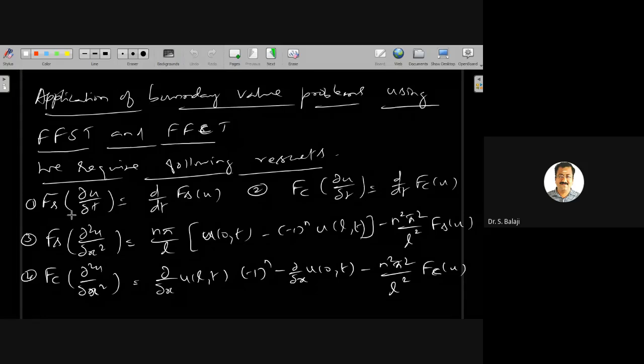First of all, put the heading as application of boundary value problems using FFST and FFCT. For that, we require the following results here.